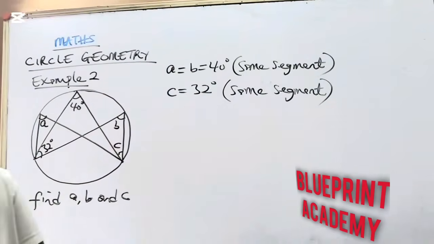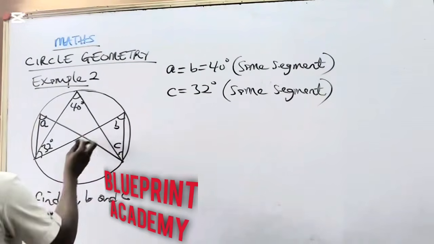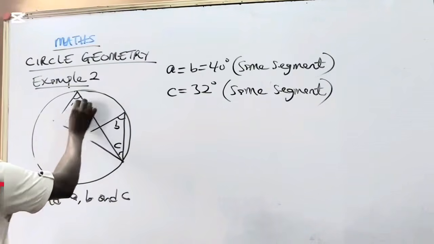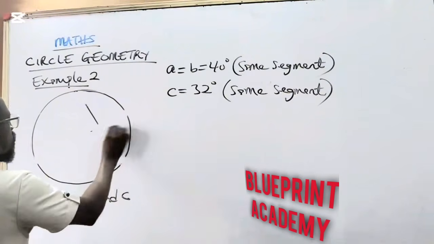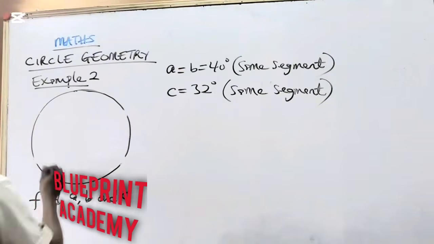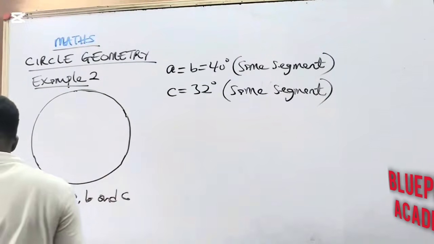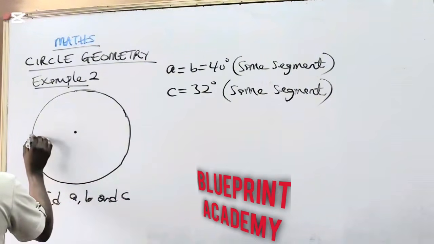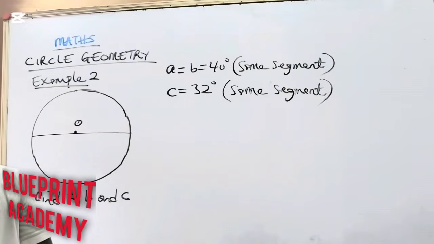Example 2. So O represents the center of the circle.